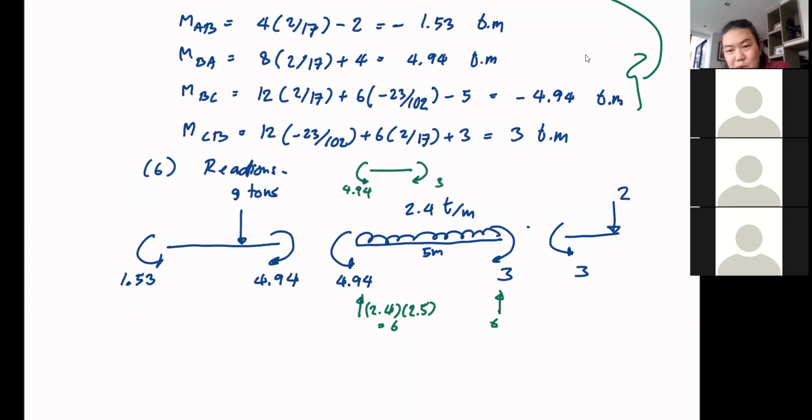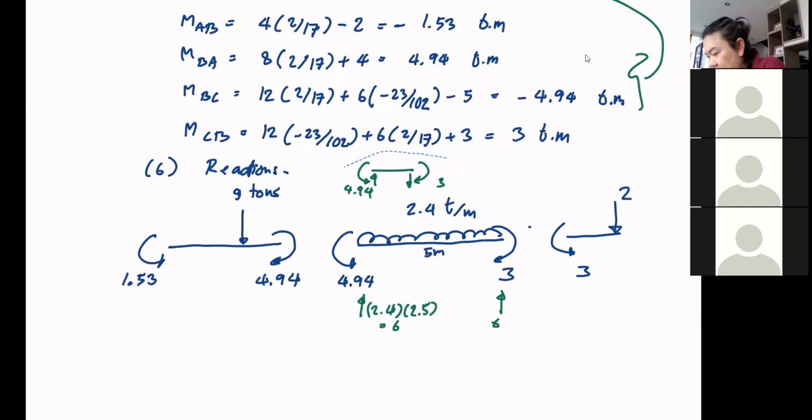So that means this beam will rotate counterclockwise. So I need a clockwise reaction for that. And so maybe I should change the color. There, better. That is the reaction due to the moment.